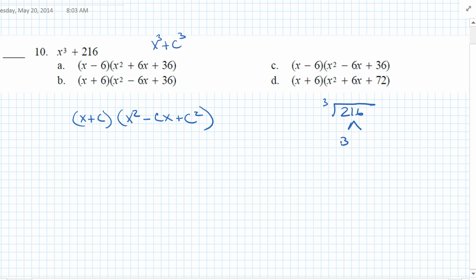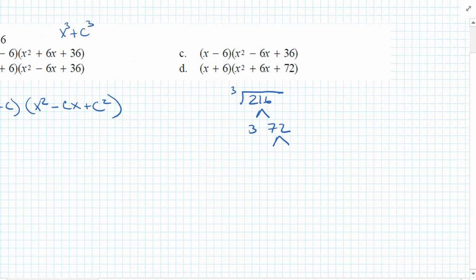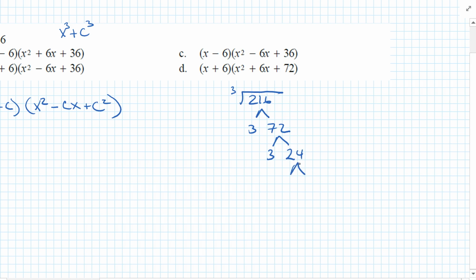Well, I see a 3 will go into that 72 times. 72, since we have a 3, let's stick with it. 3, 24 times. 24 would be 3 times 8. And 8 would be 2 and 4. And 4 would be 2 and 2. So I got 3 3s and 3 2s.